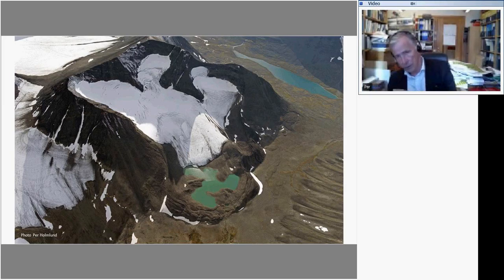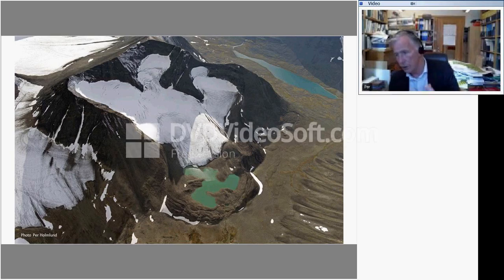But there's also another aspect, and that can be seen in this picture, where this is in the subarctic, where you often have ice-cored moraines in front of the glacier, and you can see that there is a lake in between these moraines.